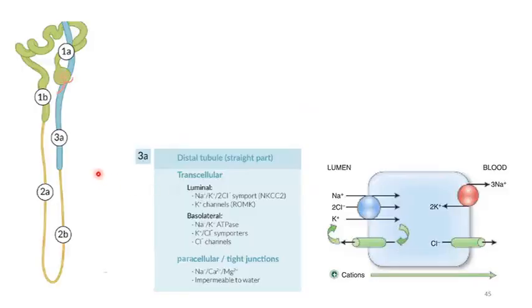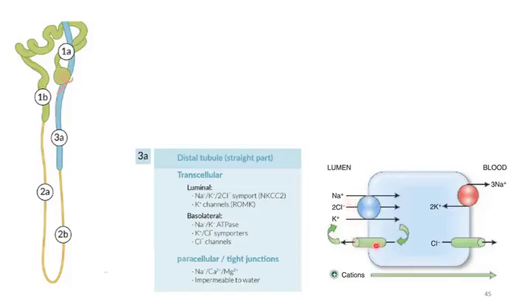In the thick ascending limb of the loop of Henle, in the luminal membrane of tubular cells, the sodium-potassium-chloride symporter or cotransporter is an important transporter of these ions.